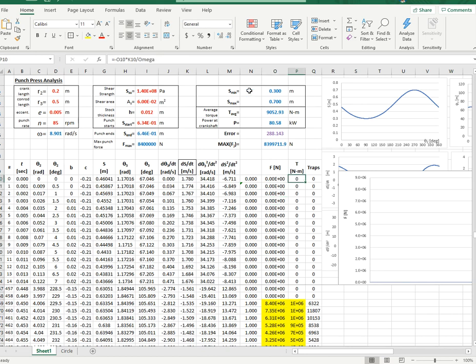Okay, and then torque. What do we do with the torque, or how do you get the torque? You remember, it's the force value, this cell's force value times ds over dt divided by omega.